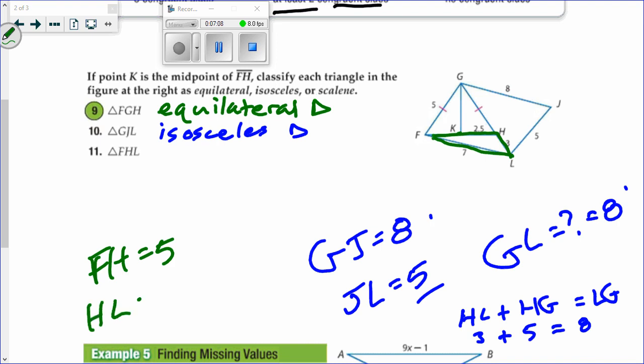HL would be equal to 3. FL is equal to 7. All three of those sides, none of them are the same. So this is a scalene triangle. Okay, so that's classifying triangles. We had to do a little groundwork, use the angle addition postulate a little bit, but we got there.